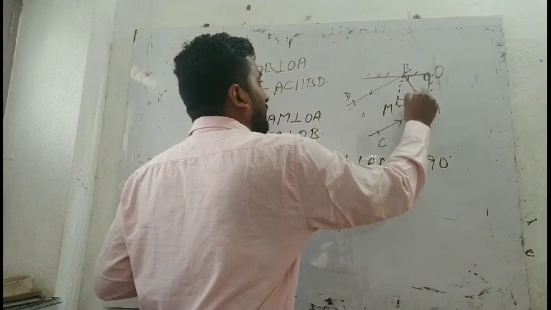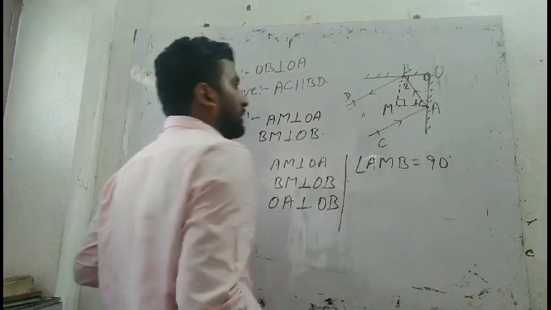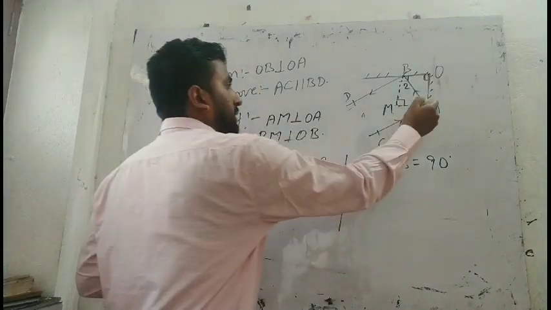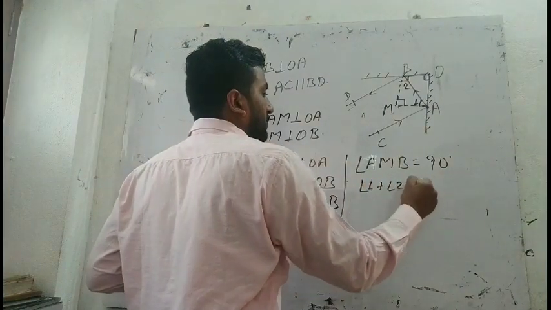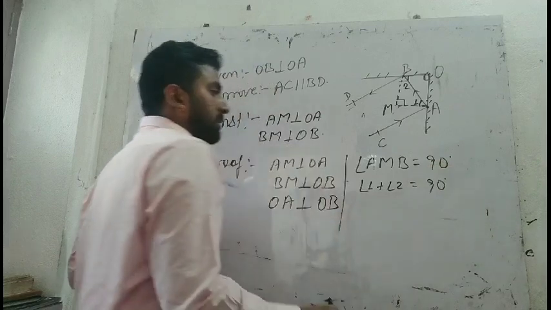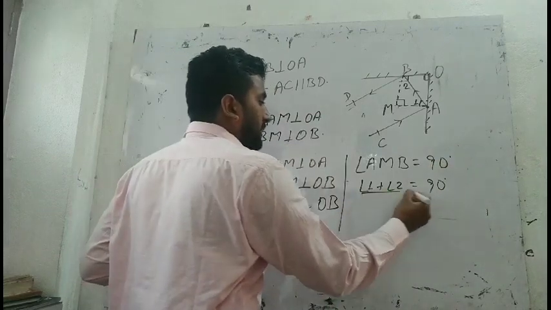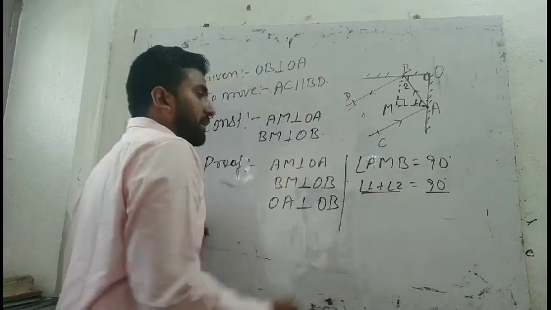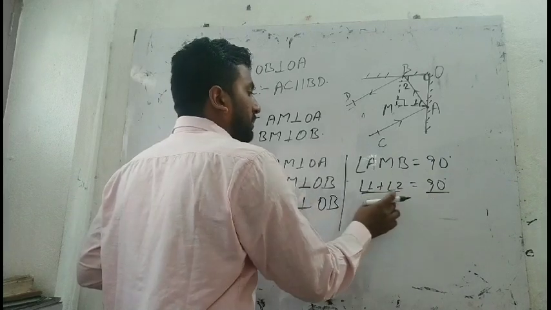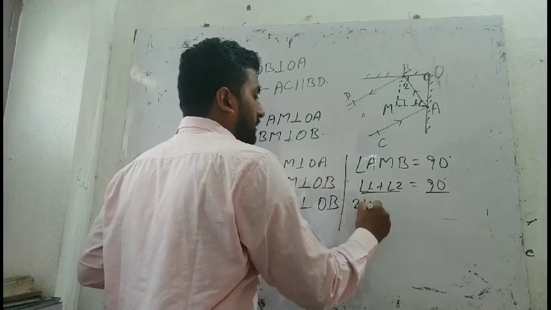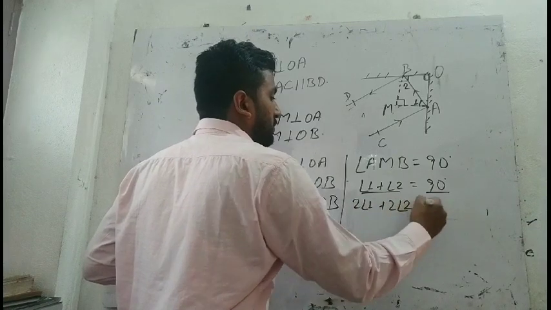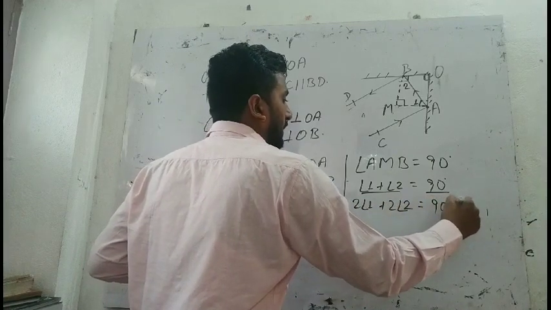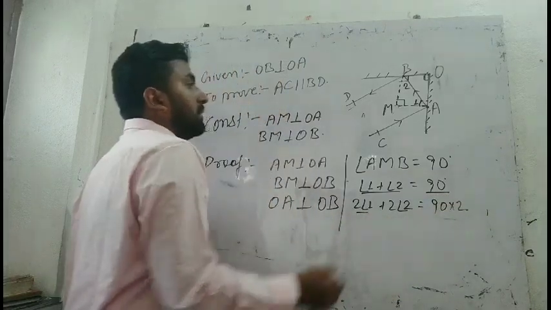Consider this angle is 1 and this angle is 2. So angle 1 plus angle 2 is equal to 90 degrees. When we multiply the LHS and RHS both by 2, we get 2 times angle 1 plus 2 times angle 2 is equal to twice 90.